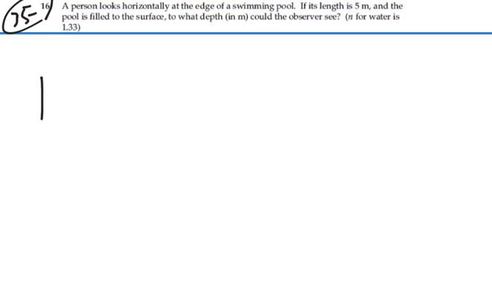Alright, so let's imagine we're looking at a swimming pool and we're observing light that's coming just off the surface. So our eye, as an observer, is right there on the surface of the water.